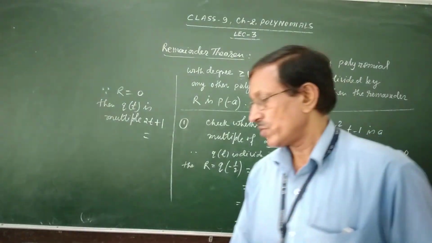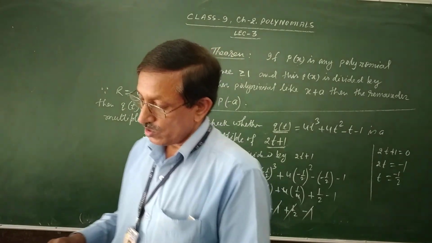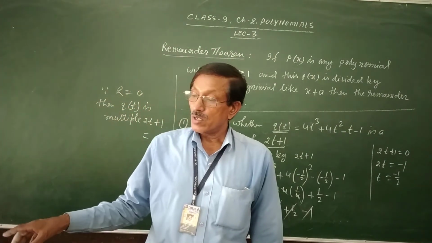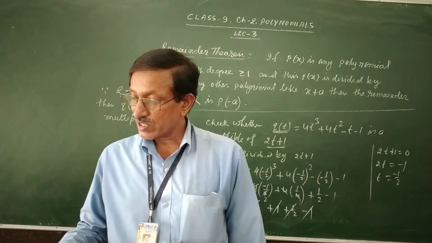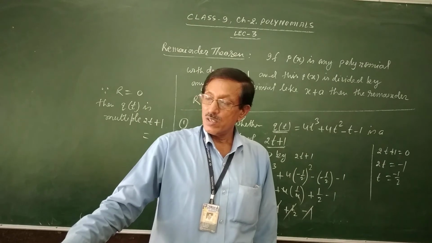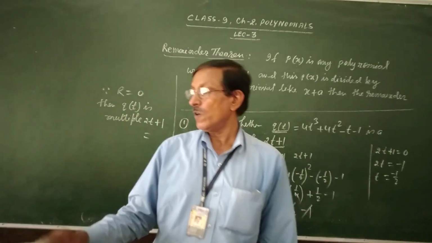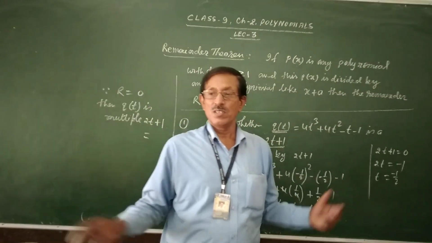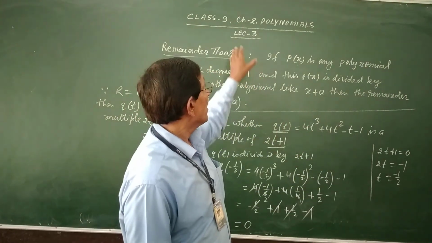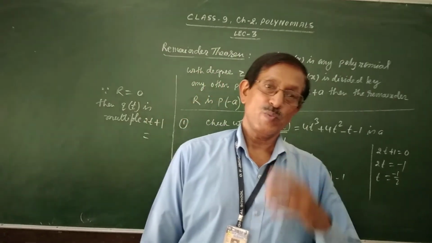Okay, so this is the remainder theorem, and for its use, you must do all the questions from exercise 2.3. After this lecture we will see factorization of polynomials. In the next lecture, lecture 4, we will see factorization of polynomials. So you must watch that.